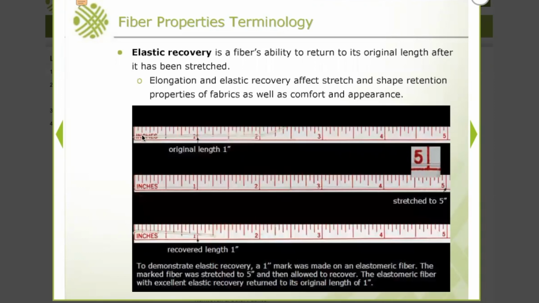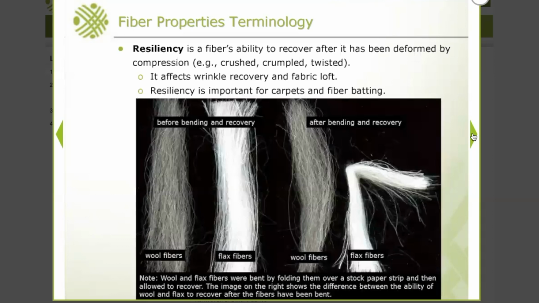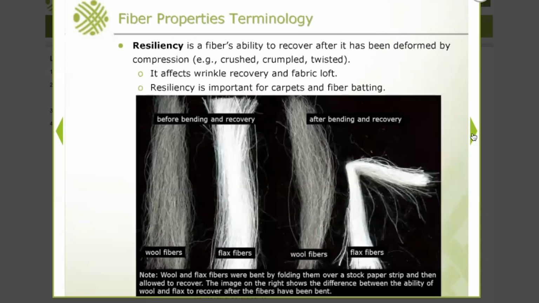So you measure the length and then you start stretching to see how far it goes. And then when you release it, does it go back to the initial length? This is elastic recovery or elasticity. If it doesn't go back to its initial length, that means it doesn't have very good elastic recovery, but it may have a lot of elongation.